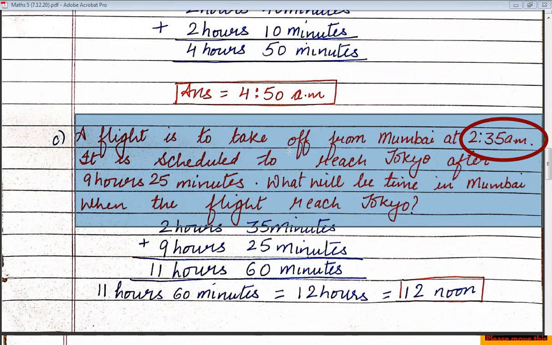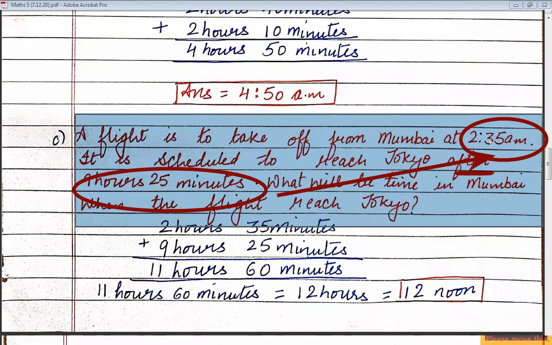Okay. Now you have to find out, it is scheduled to reach Tokyo after 9 hours 25 minutes. Again, there is after. So you have to calculate after. It means you will add these two times. What you will do? You will add these two times.